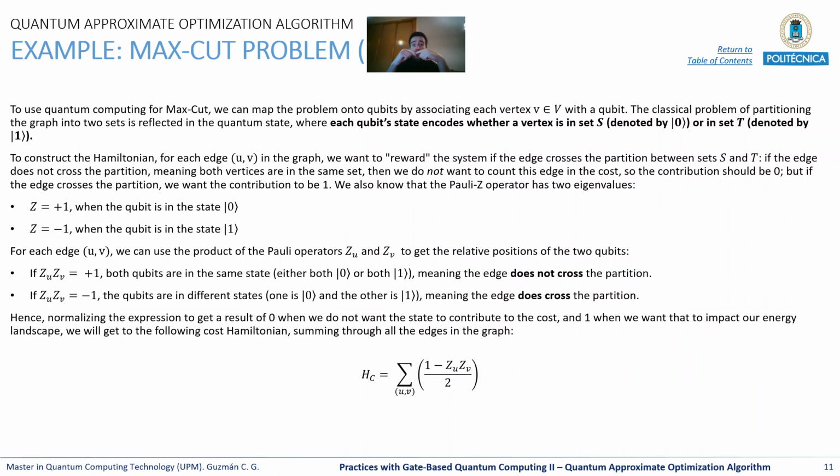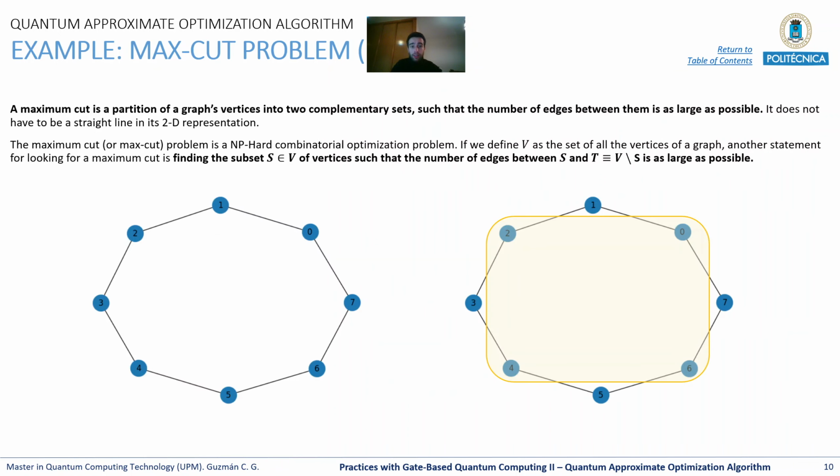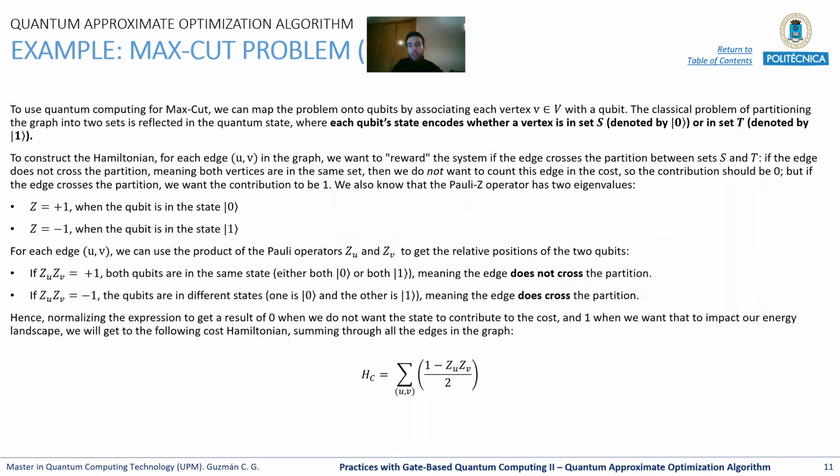So for example, in the previous slide, we are not going to compare the 0 and the 5 vertices because they are not joined by one line or by one edge. Only 0 with 1 and 0 with 7, 1 with 2, 2 with 3, 3 with 4, etc.